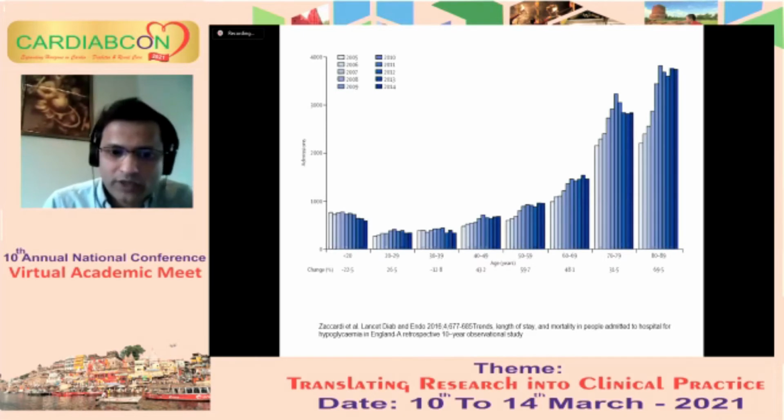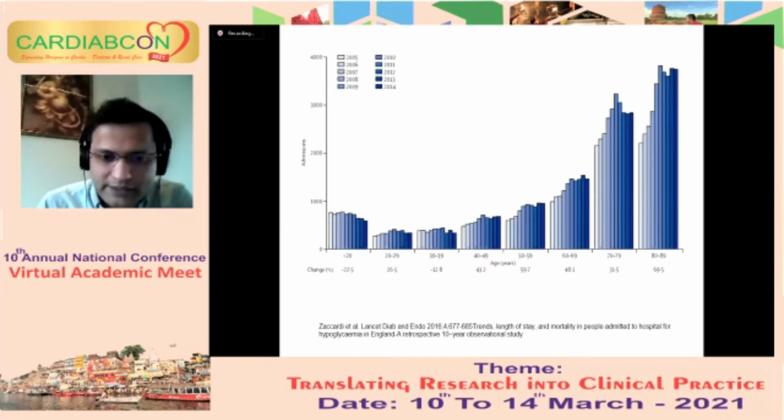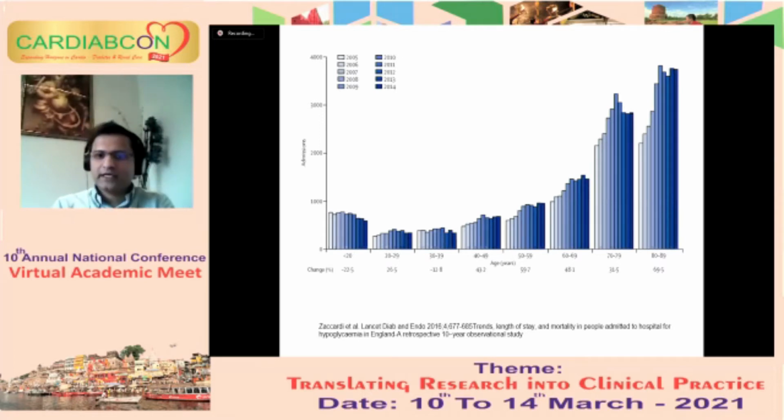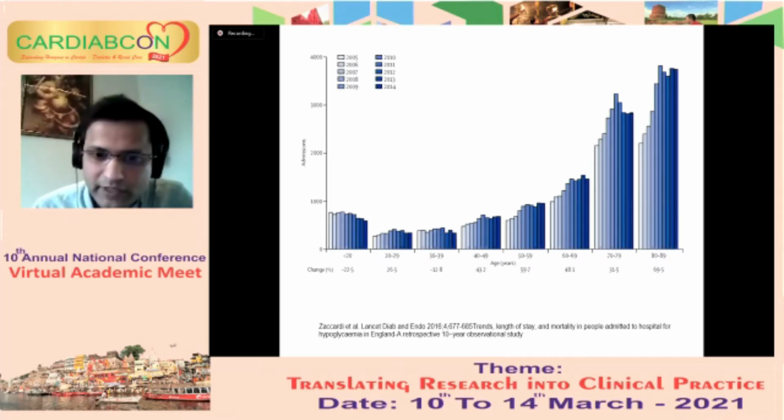This is another paper, published 5 years ago in the Lancet in 2016, by Zaccardi. This also shows the length of stay and mortality of hypoglycemia admission. Again, this is an analysis from England, a 10-year observational study. What you can see is that the hypoglycemia rate starts increasing from 40 years onwards, and as the age progresses, the hypoglycemia rate keeps on increasing.